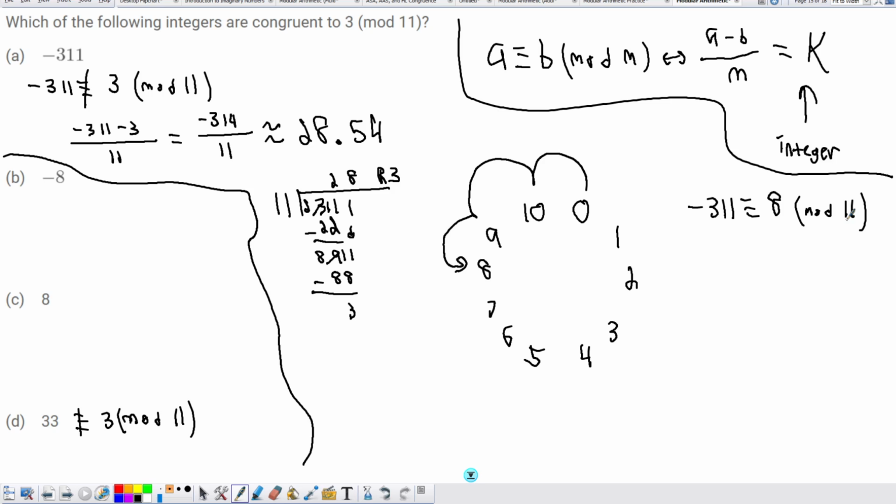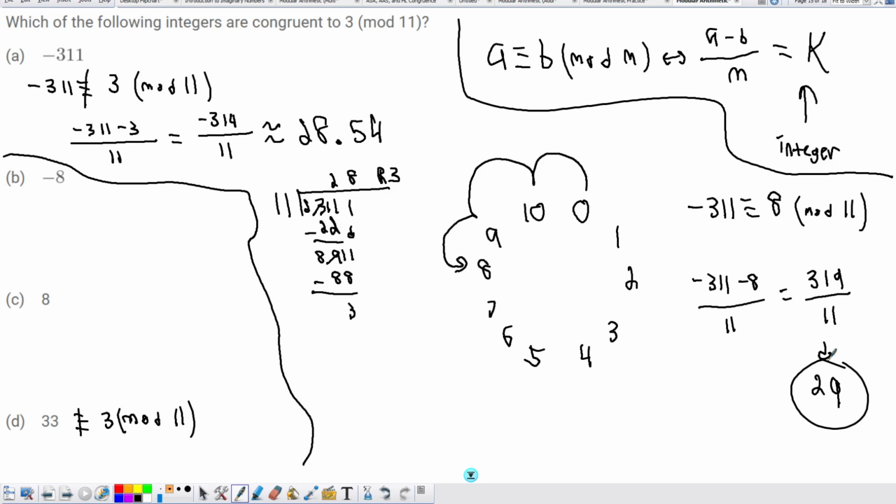And we can easily check that by doing negative 311 minus 8, over 11. That would become negative 319 over 11, which simplifies to negative 29, a whole number.